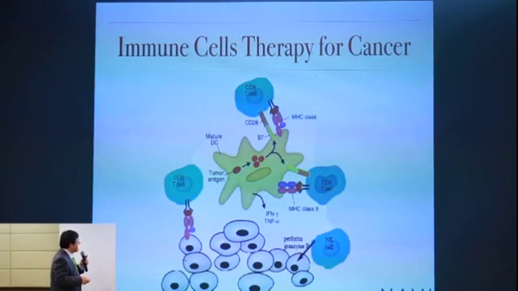However, they find that in cancer patients the number of NK cells is lower than in normal individuals. Sometimes they find that the activity of NK cells in the cancer patient is much lower than in the normal individual. So we can expand the NK cells and enhance their activation ex vivo.